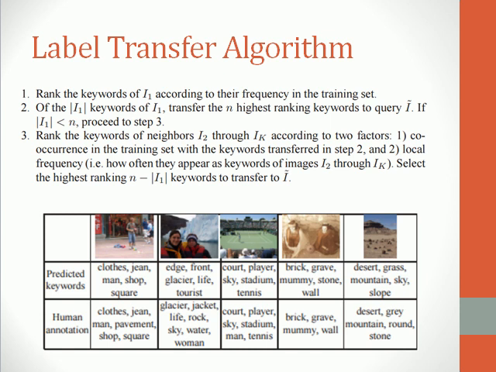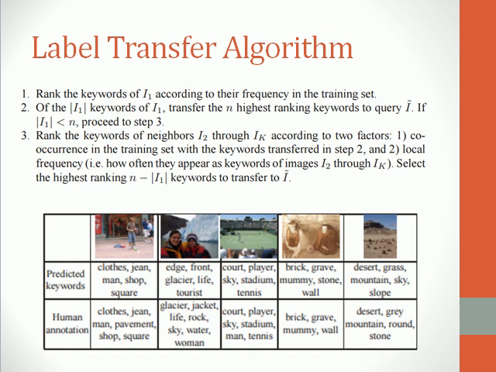JEC utilizes individual label frequencies and label co-occurrence frequency to predict the labels of a new image. Given a new image, let I1 be the closest neighbor of the image. Then we rank all the keywords present in I1 according to their frequency in the training set.